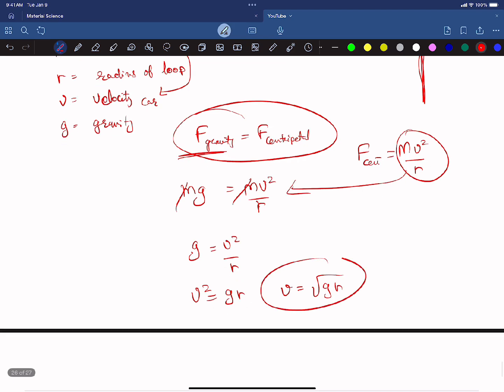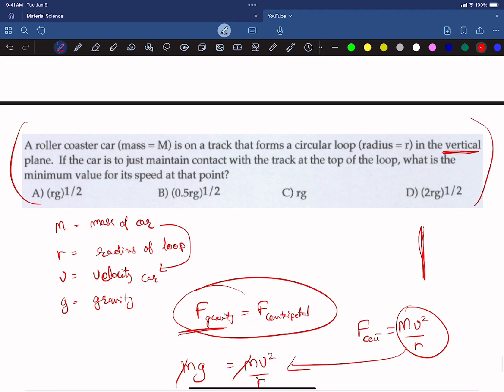So our answer is the square root of g times r, option A. Question 38, yes, answer A. Let's move on to the next question.